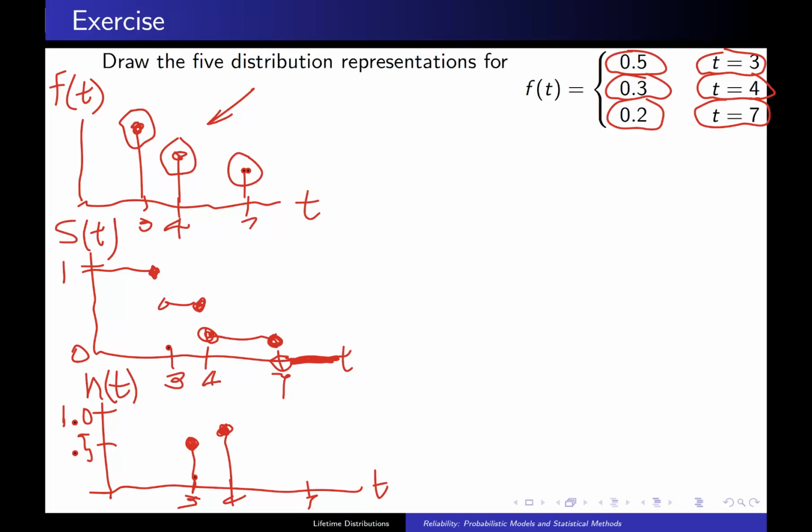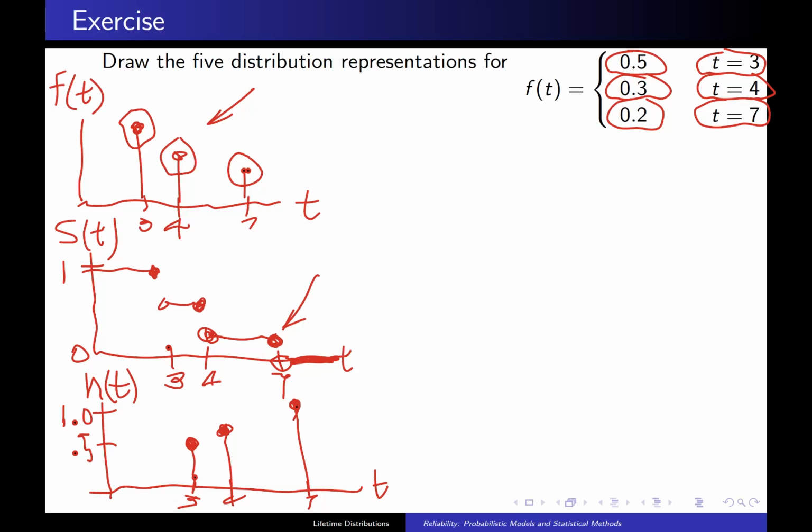If you take 0.2 divided by S of 7, which is 0.2, 0.2 divided by 0.2 is 1, and the interpretation here is when I drop the cell phone off of the Eiffel Tower, if it is still operating at time 6.9, it's guaranteed to go out. That's the 1.0 when I drop it from the top of the Eiffel Tower.